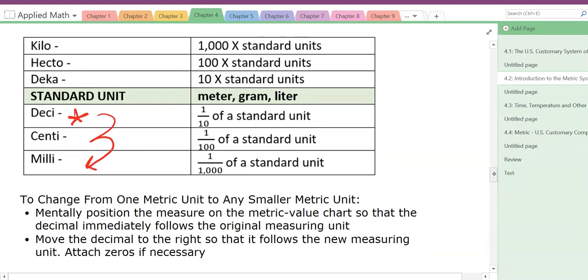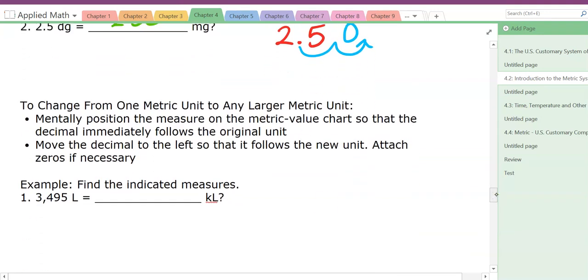So for this first one, I've got 3,495 liters. So where am I starting in my chart if I'm starting with liters? Good, standard unit is where I'm starting. And it says I want to go to KL. What do you think that stands for? Kiloliters. Okay, so I got to go 1, 2, 3 up. So I have to move my decimal 3 places to the left.